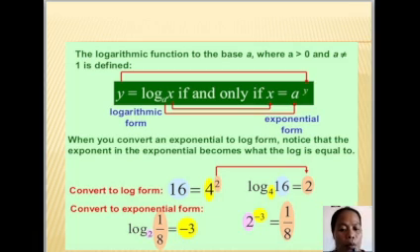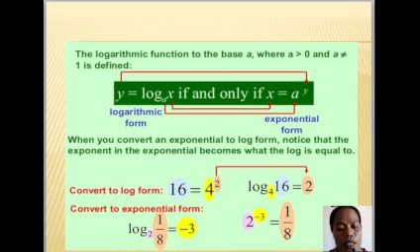We convert that to logarithmic form. We have logarithm of 16 to the base 4 is equal to 2. So the base in the exponential form is still the base in logarithmic form, the small subscript number in the symbol log. And the exponent 2 becomes the logarithm in logarithmic form.